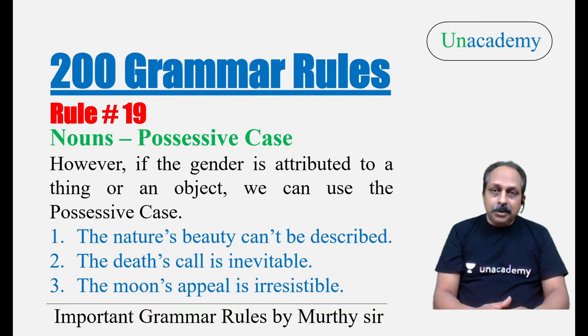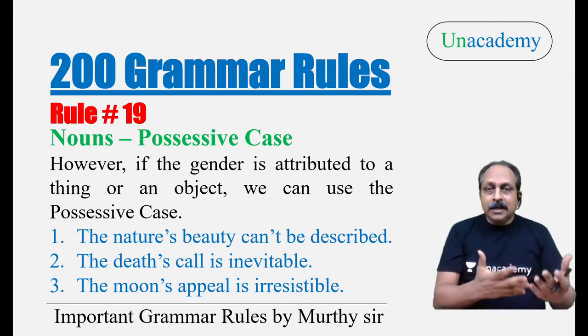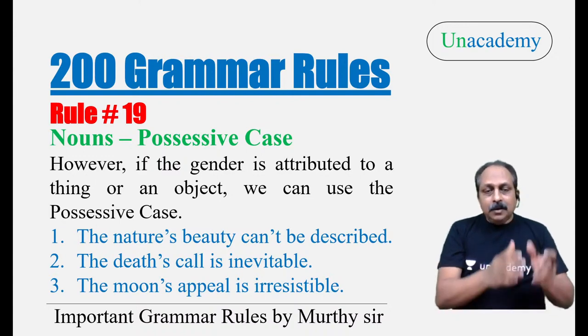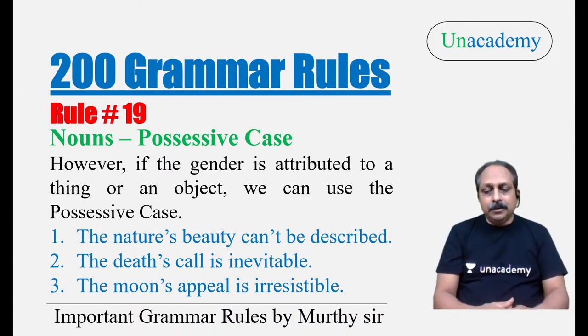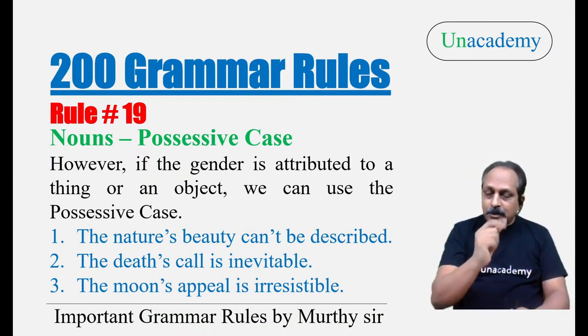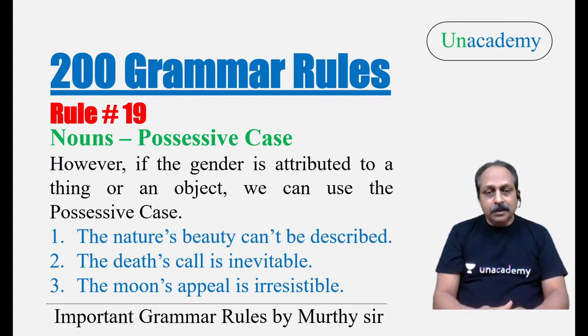Death, masculine gender; nature, feminine gender. Already you have learned that death's call is inevitable. Everyone has to wait for death's call. Death is considered masculine, so you can use a possessive case. Moon is considered feminine, so you can use a possessive case. The moon's appeal is irresistible.